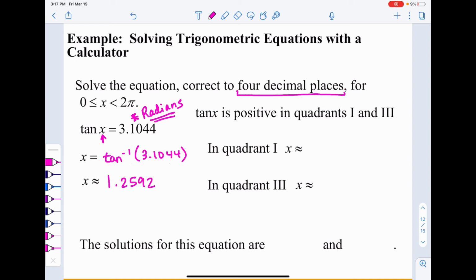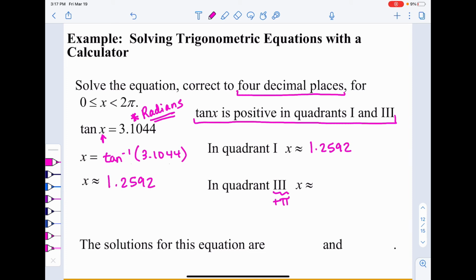Now, they mentioned that tangent of x is positive in quadrants 1 and 3. So if x is equal to 1.2592 in quadrant 1, but if I need to get to quadrant 3, that means I need to add pi to quadrant 1 to get to quadrant 3.